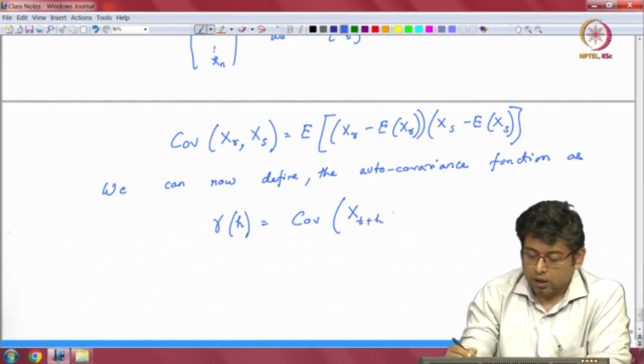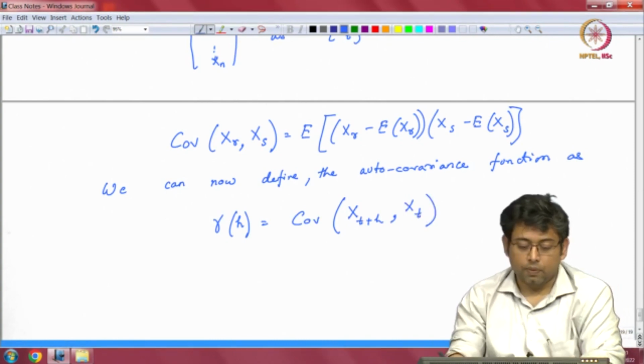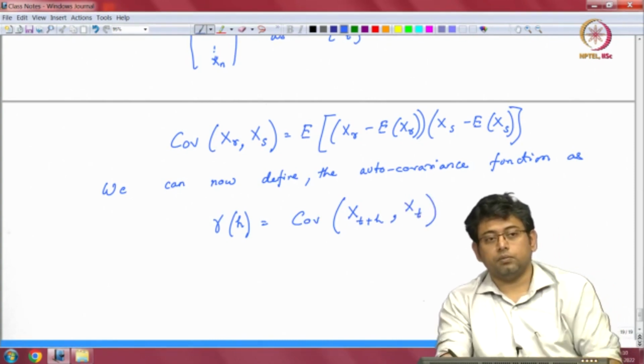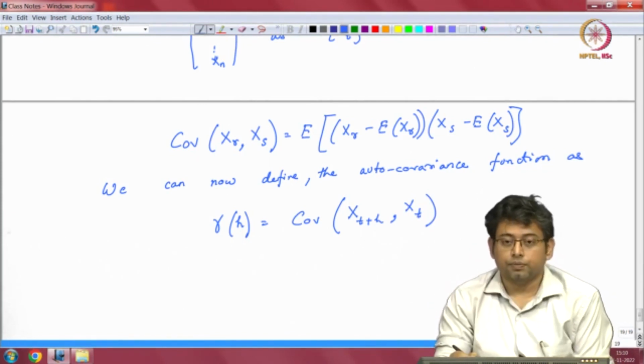So, this is X_{t+h} and this is X_t, where h is variable. So, you can vary it across different values.